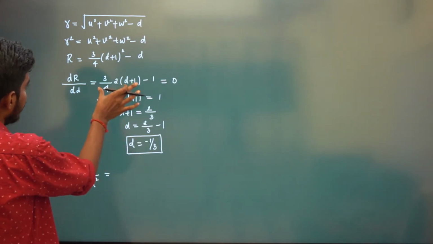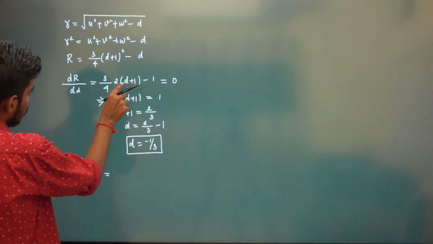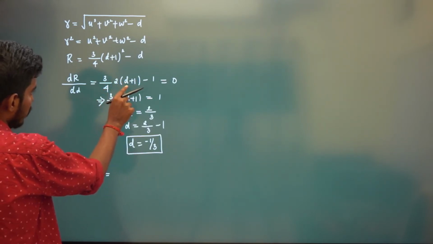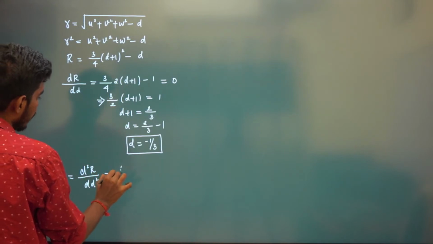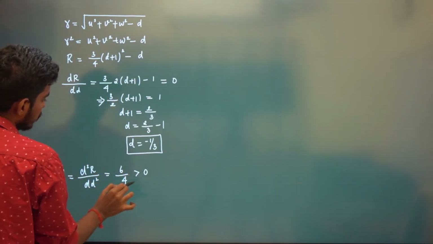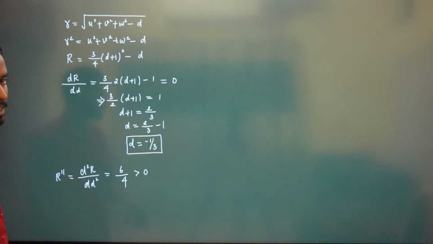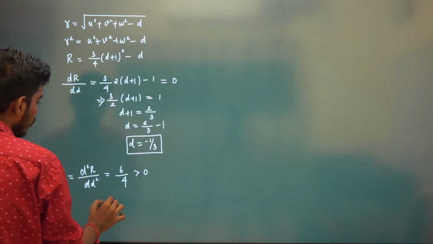This is dR by dd, and I'm differentiating once again. The derivative of d is 1, so you will have 6 by 4 only, which is always greater than 0. That means the second derivative is greater than 0, so it attains a minimum value.